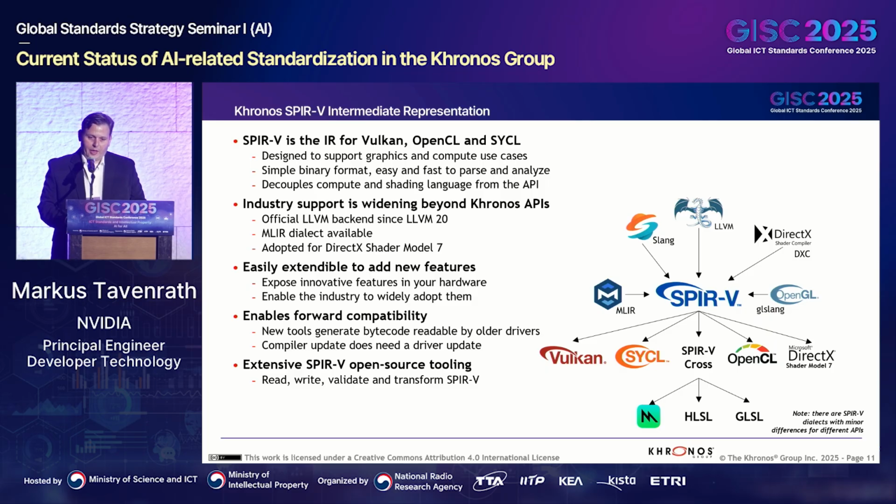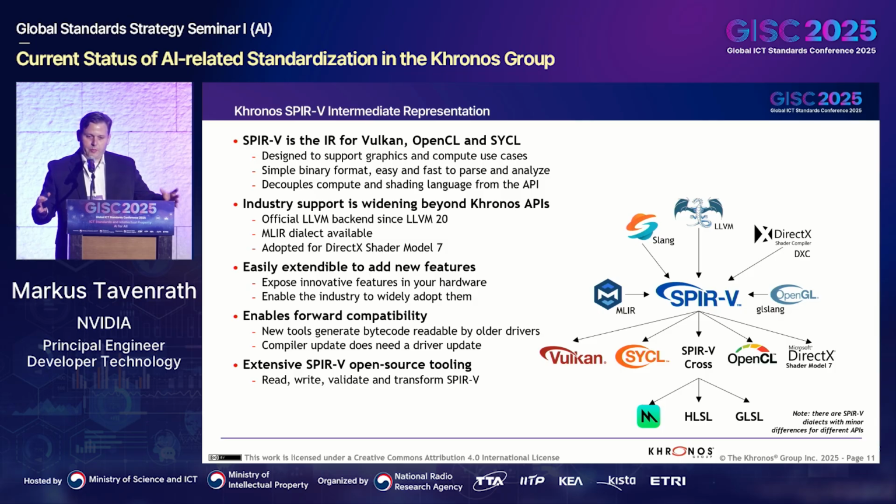Quite famous among game developers is the DirectX shader compiler DXC, which can generate SPIR-V now. In LLVM 20, they have introduced an official SPIR-V backend. And Slang, of course, Khronos' shading language and compiler, supports SPIR-V. And MLIR, the machine learning intermediate representation and compiler framework, also has support for SPIR-V.